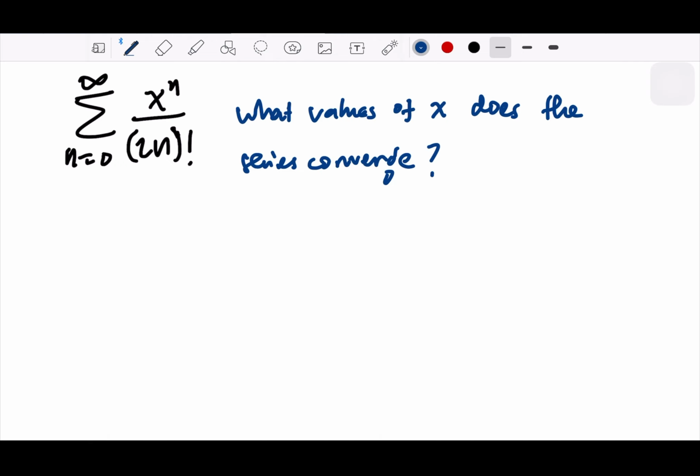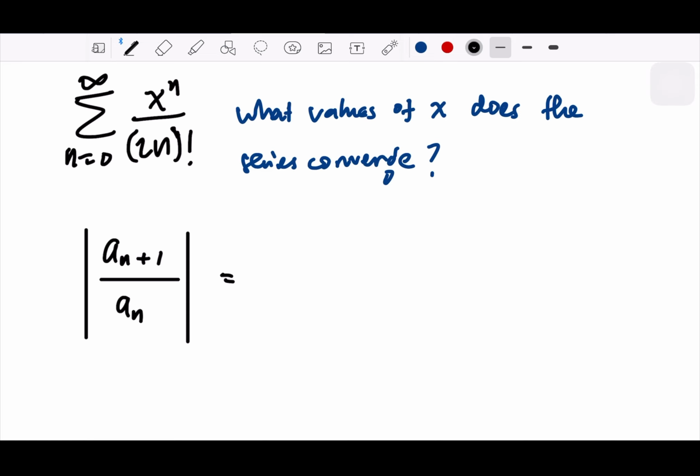The same question. Similar to the previous examples, first we can take the ratio test to check the convergence, and then later we can check which x the series converges for.